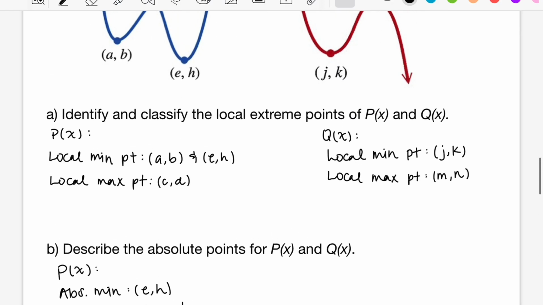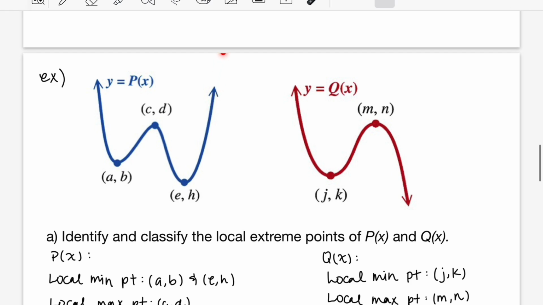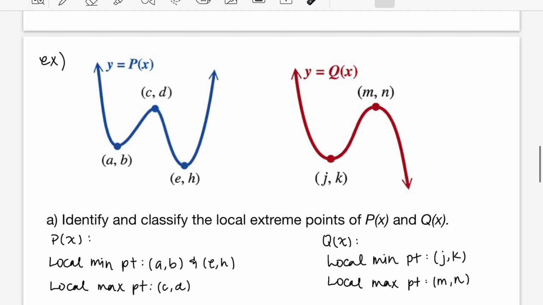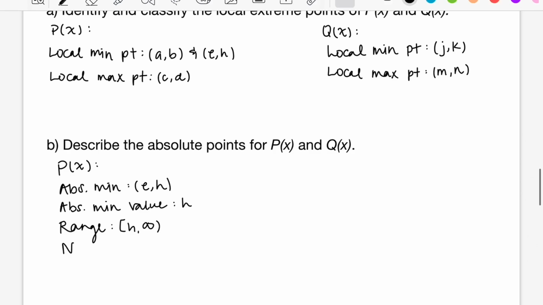Now because all of our output values are going to continue on in this direction forever, we have the potential to have a bunch of different highest points here, right? We can't say for certain what the actual highest point is going to be because this is going to go on and on forever. So we'll conclude that we have no absolute maximum.